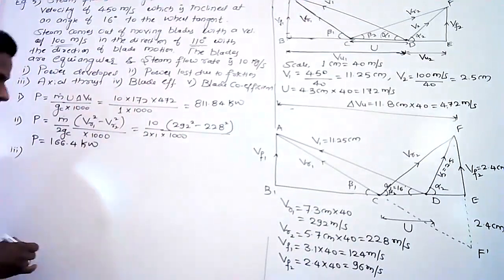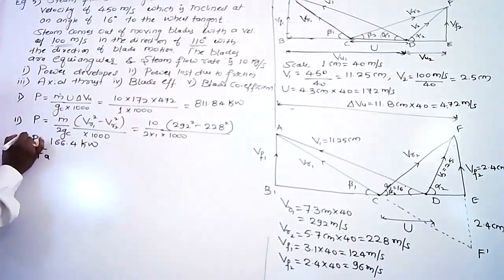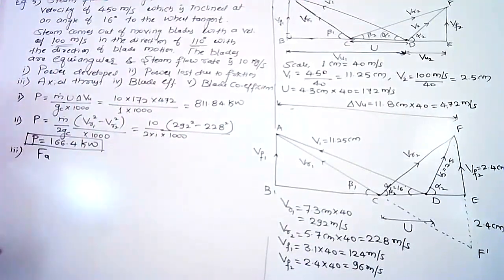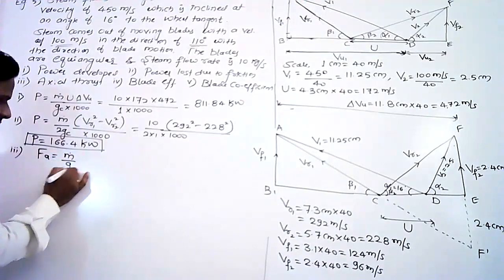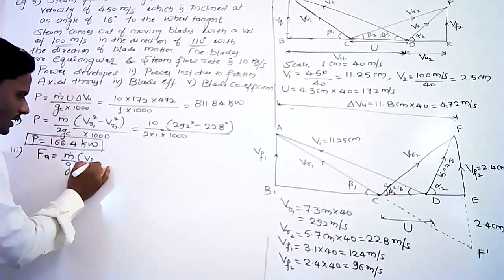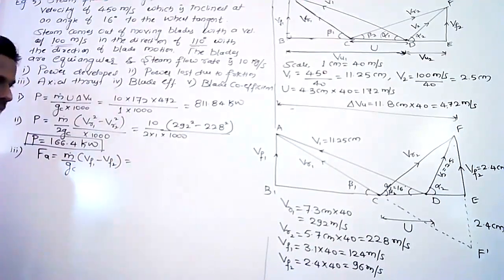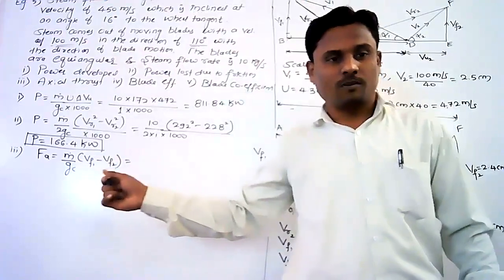Okay? Now the third bit is axial thrust FA, which is given by the formula m dot by Gc into Vf1 minus Vf2. Okay, so why do we have to take the negative sign in this formula?